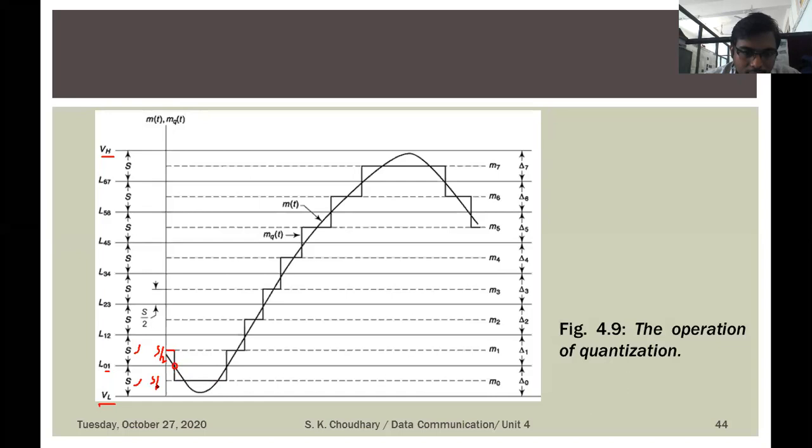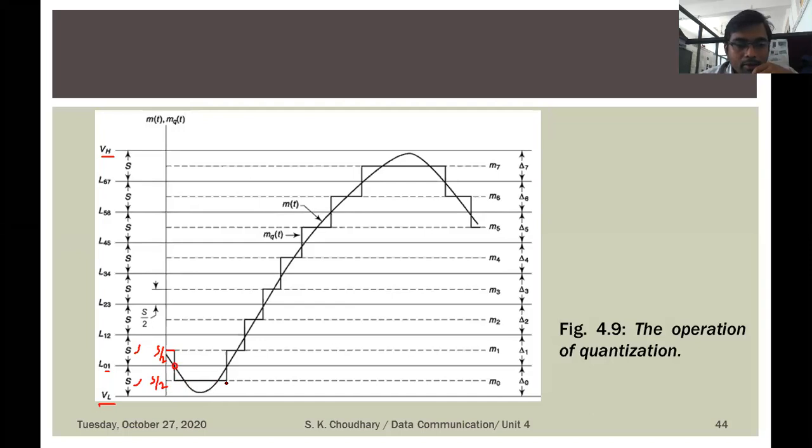Here the size of the steps is fixed, so do not increase the amplitude here. That means you have started from here and go reach to the VL? No, it is not possible. For uniform quantization, we have taken the step size fixed S. So we have started here at S by 2, and we end at S by 2. Then again it maintains its amplitude across this message signal.